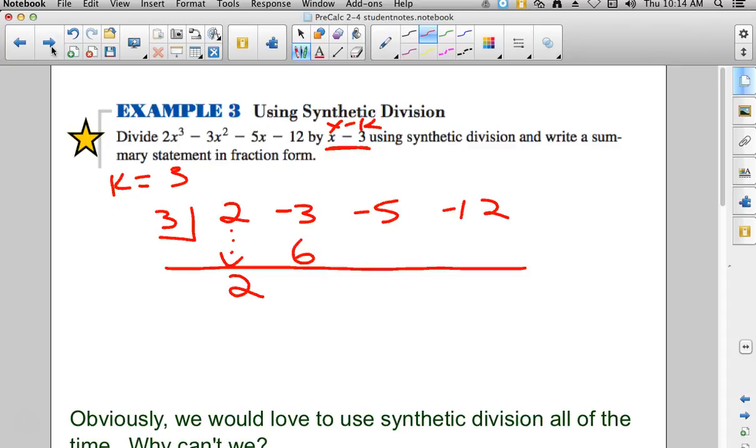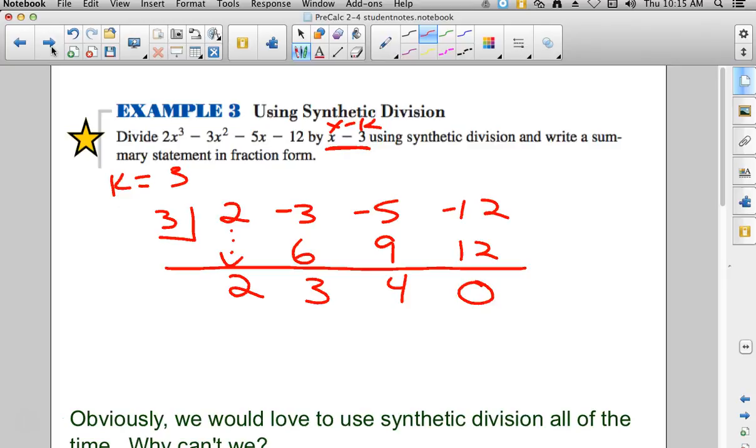Then we go inside the box, and we add. We're back outside the box. We multiply by k. We're inside the box. We add. We're outside the box. We multiply by k. We're inside the box, and we add.